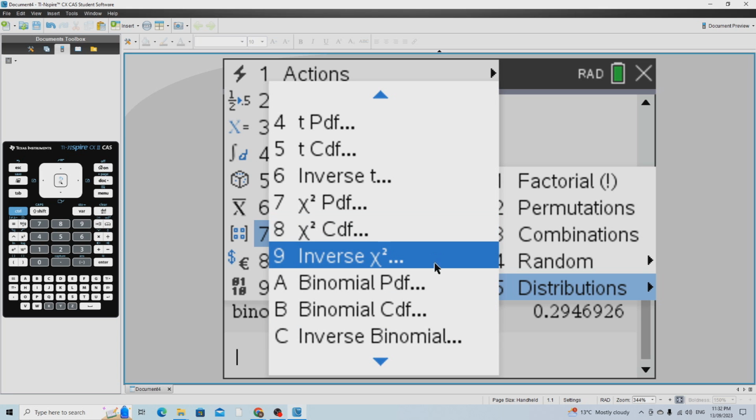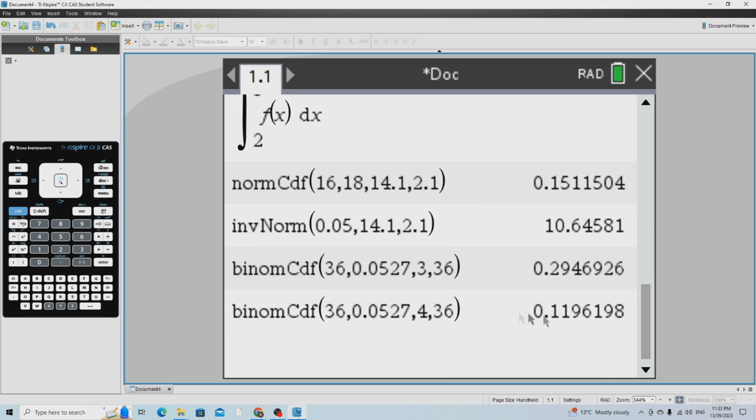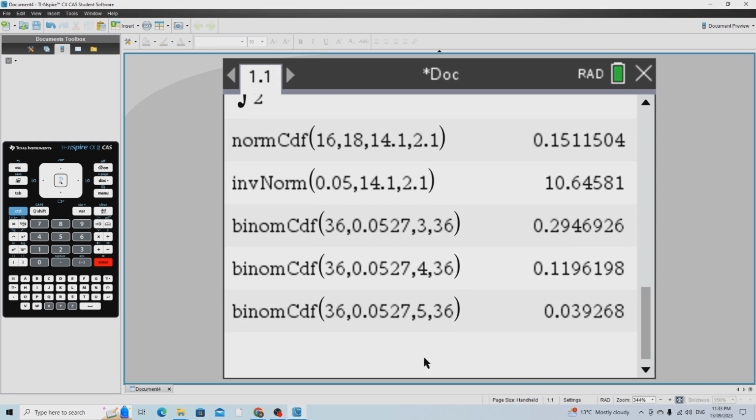We're doing binomial, so binomial CDF. Number of trials, 36. Probability of success is 0.0527. Your lower bound, let's check, is 4, and your upper bound is 36. This number here is not less than 0.01. Let's check 5. Aha, 0.03. Nearly there.